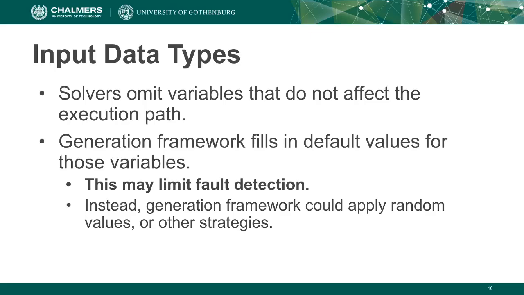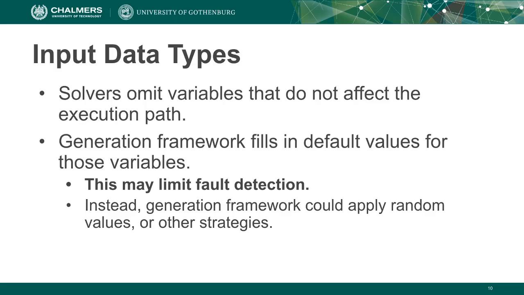The counterexamples being produced are a partial test specification. The solver will only provide values for input variables that directly impact the execution path. That's a deliberate design decision. Solvers can simplify the state space by dropping unnecessary variables. If a value is not provided, the test generation framework itself needs to fill something in.